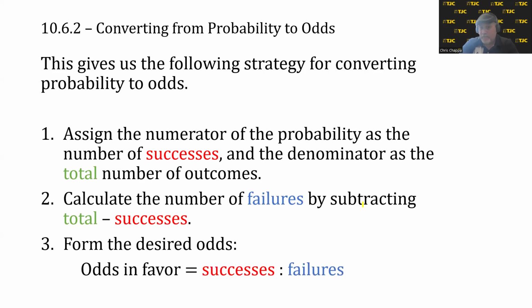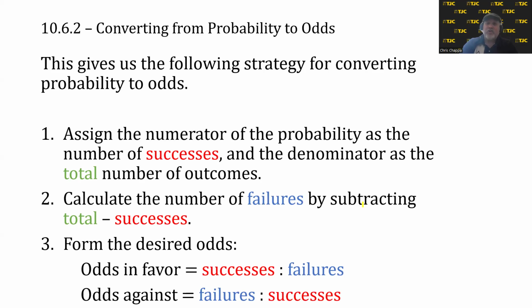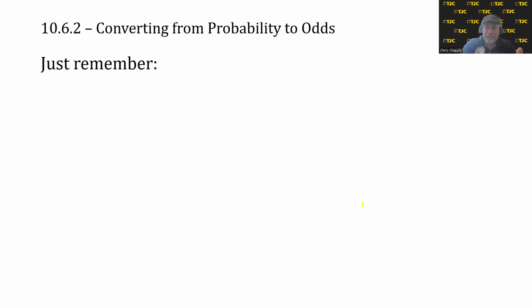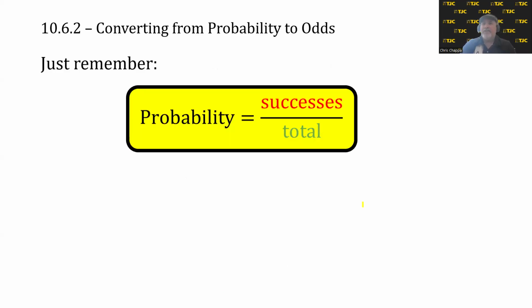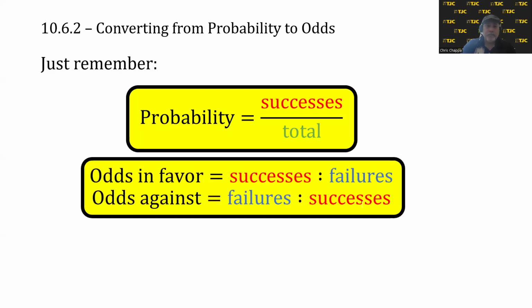Odds in favor is the ratio of successes to failures. Odds against is the ratio of failures to successes. Again, this is a good algorithm to convert probability to odds. 3 simple steps. Just remember the following. Probability is the ratio of successes to total. That's what we're given.